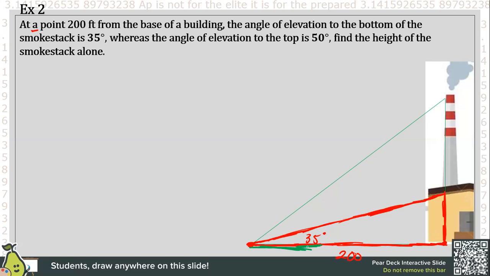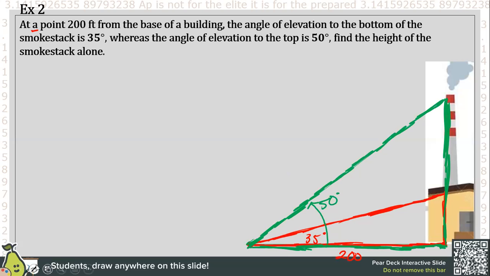It is going to include our 35 degrees, right? So let me outline this so you can see that both triangles are here. So we have something like this, right? Okay, so that entire angle from the ground all the way to the top of the chimney is 50 degrees.